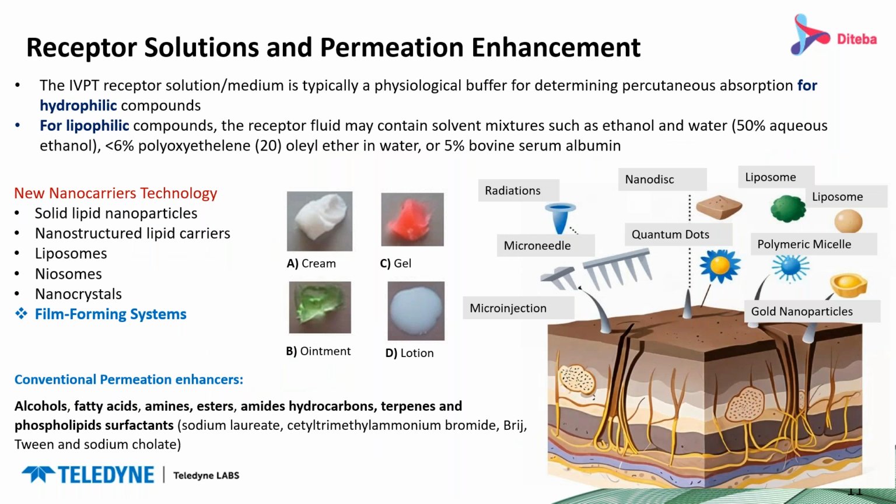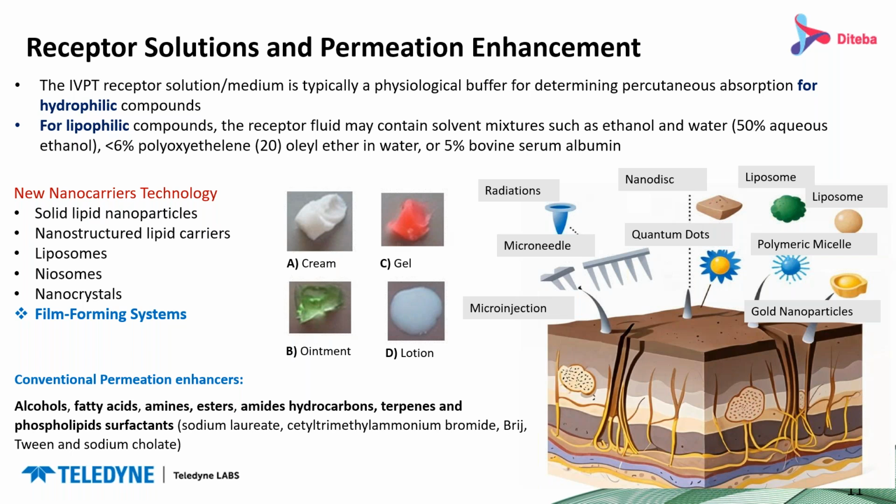Receptor solutions and permeation enhancers. These are 2 critical factors that must be carefully considered. The choice of the receptor fluid in in vitro dermal absorption studies is critical. It must not limit permeation due to solubility issues. Ideally, its solubility should be 10 times higher than the test component's concentration.